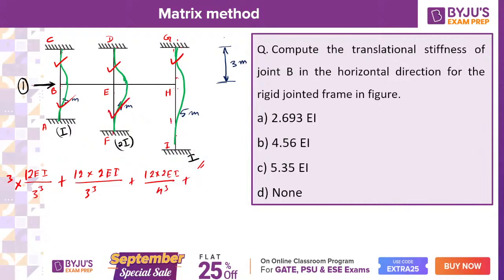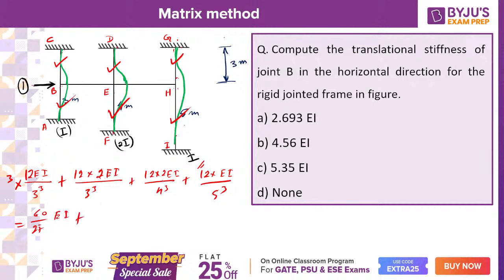For HI, if I write down, that is 12 EI. EI is only I. So 12 EI by L cube, L is 5 meter. Add all this. That's all. Add all this, how much are you going to get here? So this is 3 plus 2 is 5, so 60 by 27 EI.